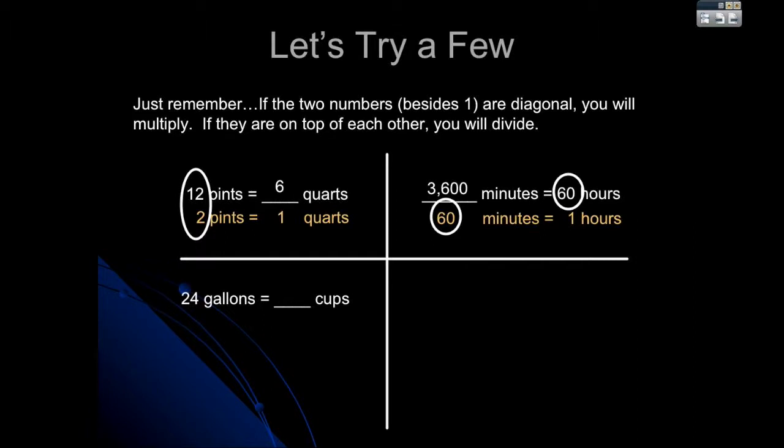24 gallons equals blank cups. What's the first thing you ask yourself? Number 5. First thing you ask yourself. I have 24 gallons equals blank cups. What's the first thing I need to know?